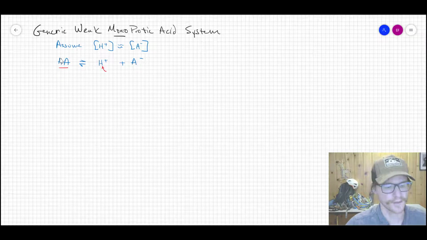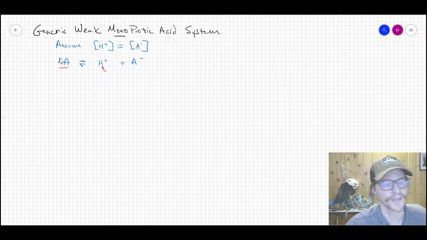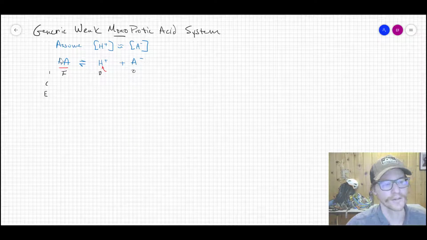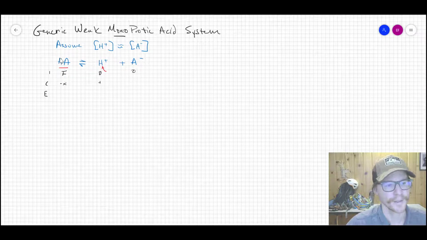So when those assumptions are valid, then the generic relationship that we'll establish is that via an ICE table, we'll have some formal concentration of this stuff to begin with, 0 for these two things, and some amount X of the original acid is going to dissociate, and that's going to produce 1X of each of those terms.